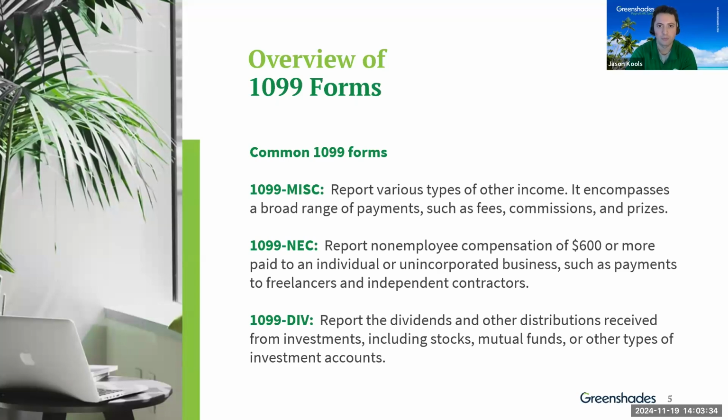It's going to be used to report miscellaneous income, such as prizes or fees. And then the 1099 NEC is specifically for non-employee compensation. So think freelancers, independent contractors. And then for those that are managing investment incomes, the 1099 dividend will cover dividends and distributions as well.